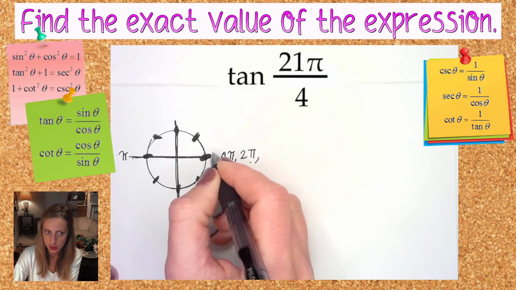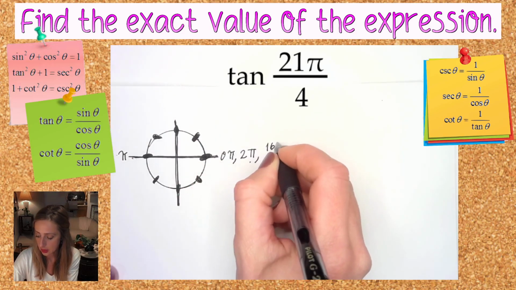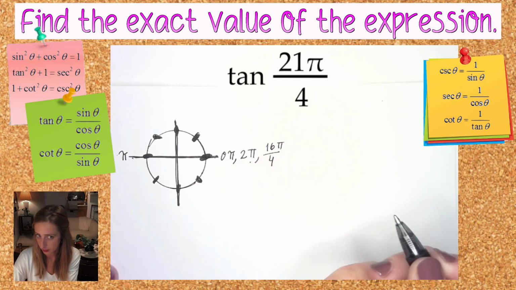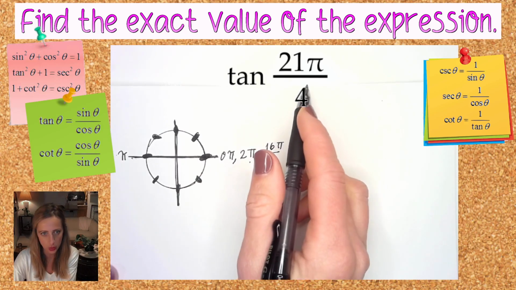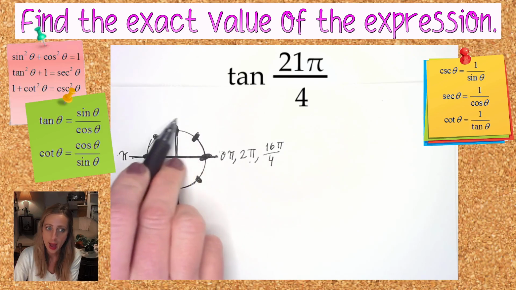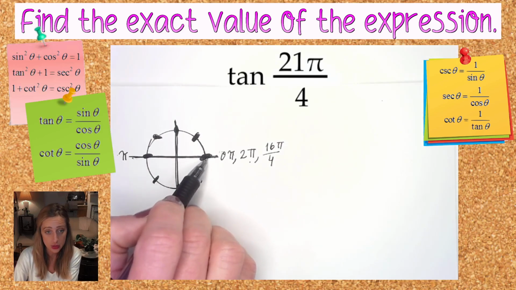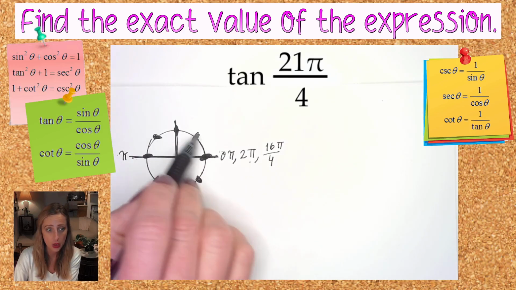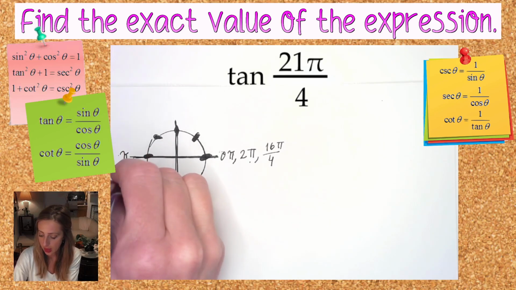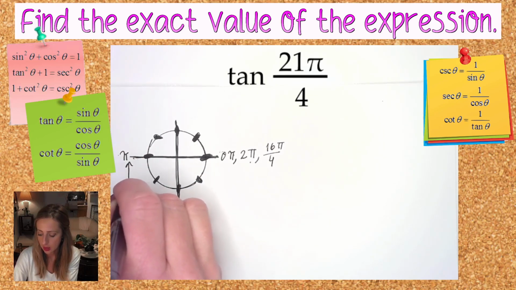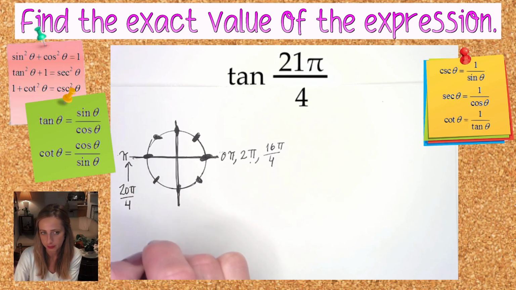Another lap around will be 16 pi over 4. Ooh, we're getting much closer to the 21. If I go another half, remember the whole thing was 8, so half would be 4. So if I go another halfway around, that puts me here at 20 pi over 4.